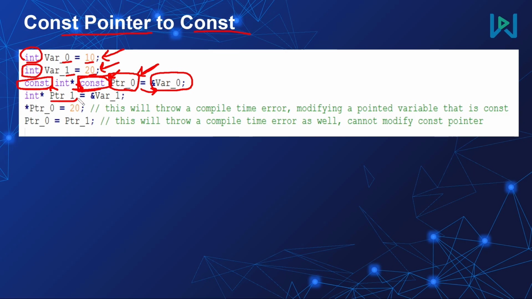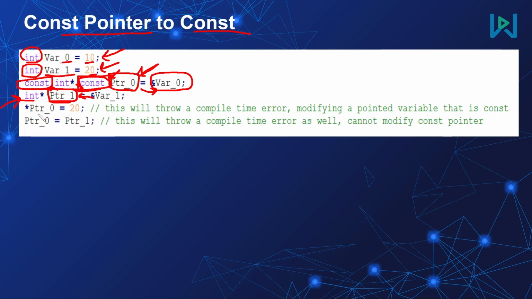Then I have created another pointer, which is pointer number 1, and this one is a normal pointer, so it is not a const pointer, and it is pointing as well to a normal variable of type integer, not a const variable. Then I utilized the address of the variable 1 to initialize our pointer.